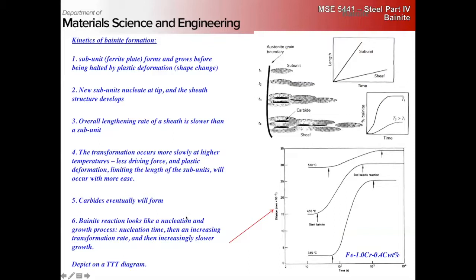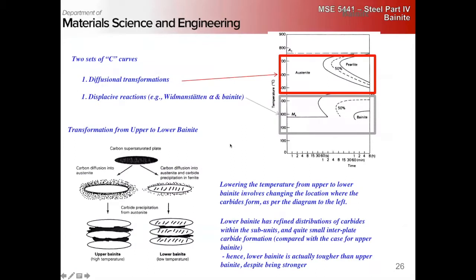So because of this, the bainite looks like nucleation and growth because we have an incubation time or a nucleation time, right? Which is really this waiting time for these individual subunits to form, right? And so on our TTT curve, we sort of split. We have this reconstructive regime and then this displacive, right?